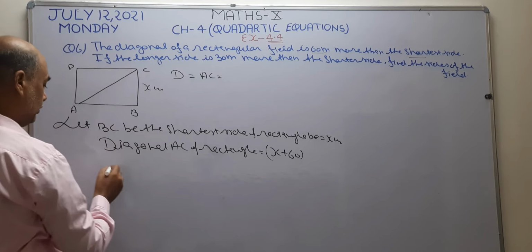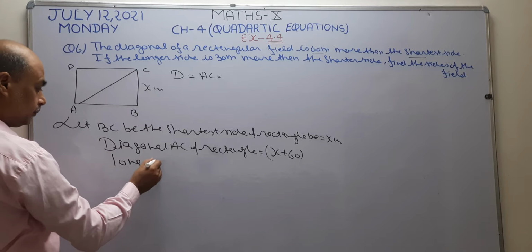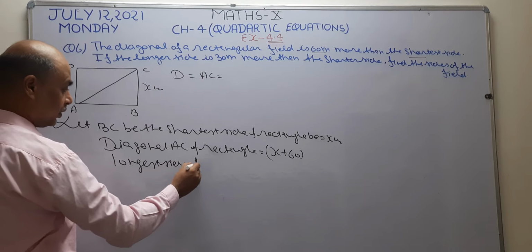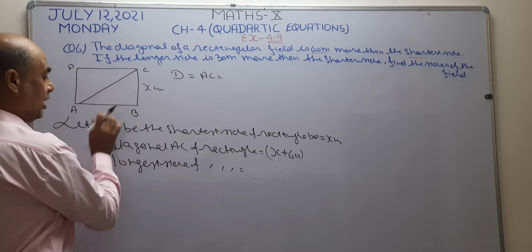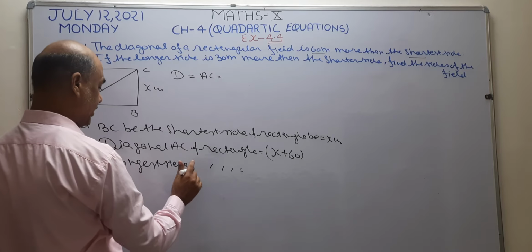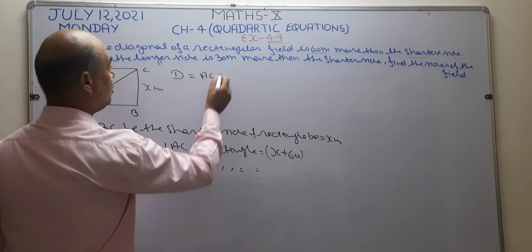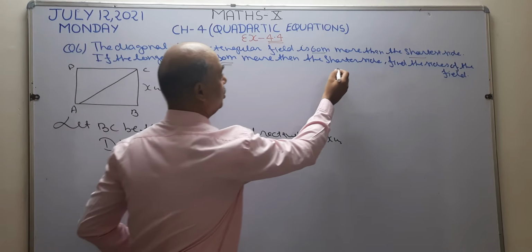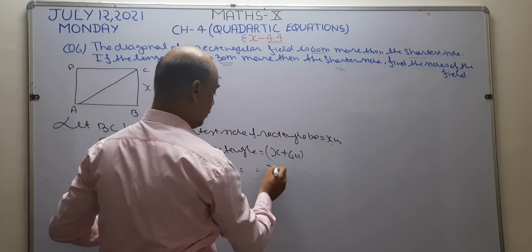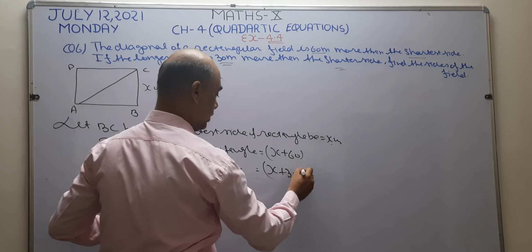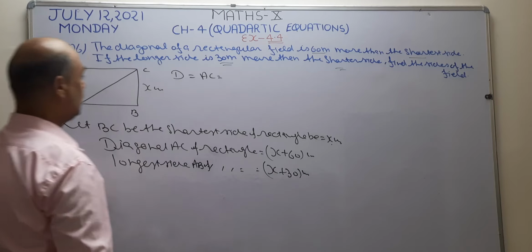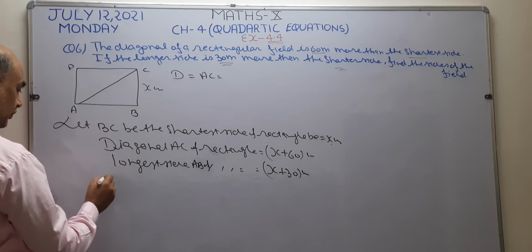And the longest side of the rectangle, this side AB, is given 30 meter more than its shorter side. So the shorter side is x, so I am going to write here x plus 30 meter. Okay?